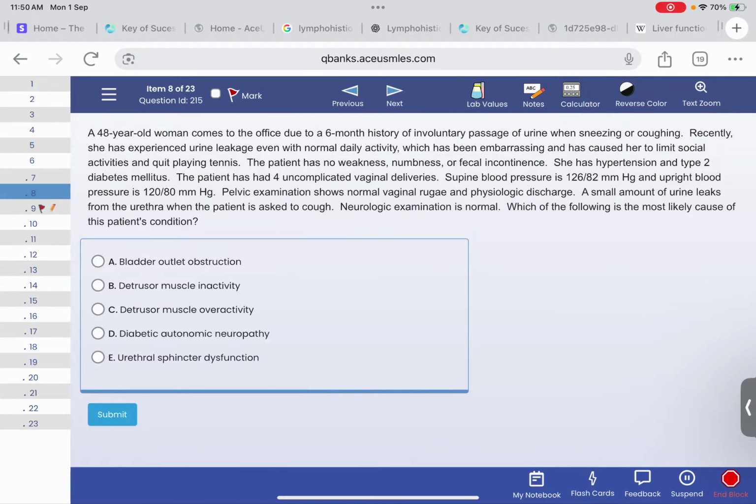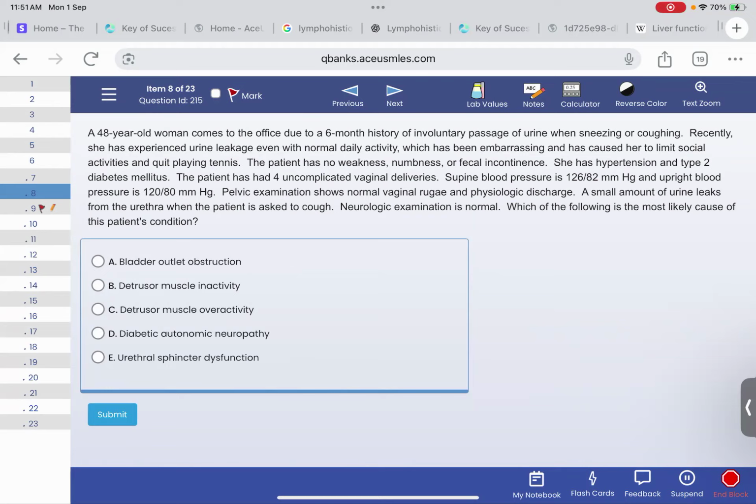Anyone, please? Which of the following is the most likely cause of the patient's condition? A 48-year-old man comes to the office due to a 6-month history of involuntary passage of urine when sneezing or coughing. Recently, she has experienced urine leakage even with normal daily activity, which has been embarrassing and has limited social activities, and she quit playing tennis.